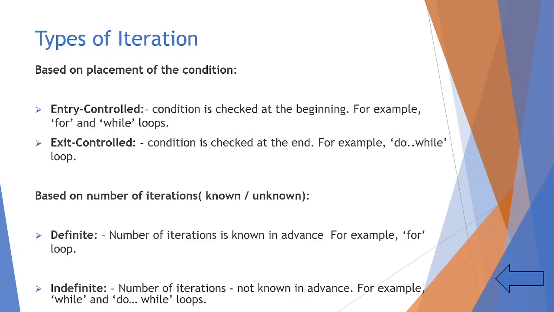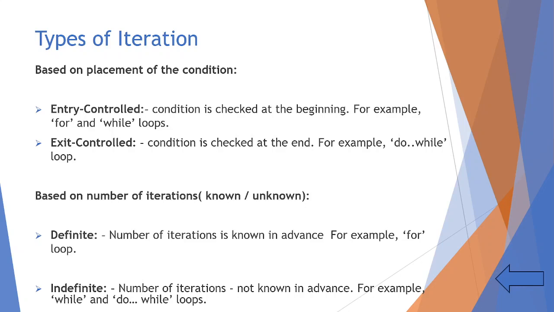So for and while are known as entry controlled loops. Whereas exit controlled is do while, because the condition gets checked at the end. Do while is exit controlled.